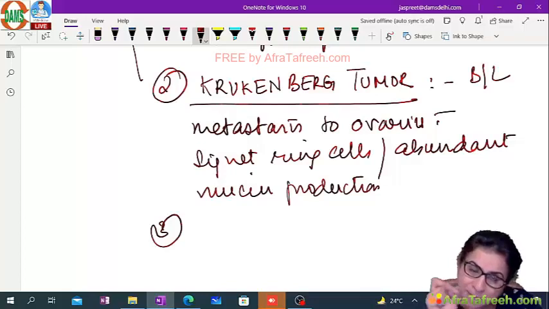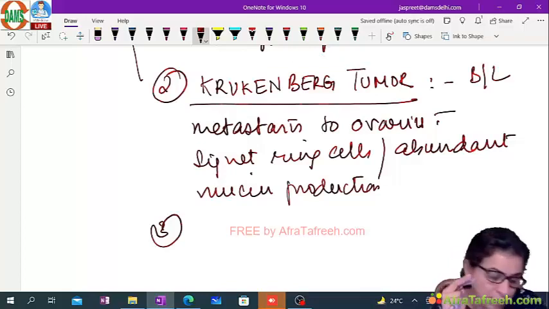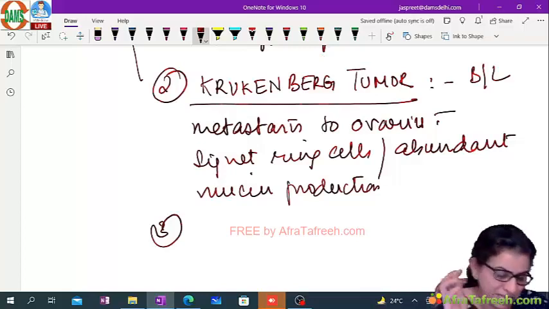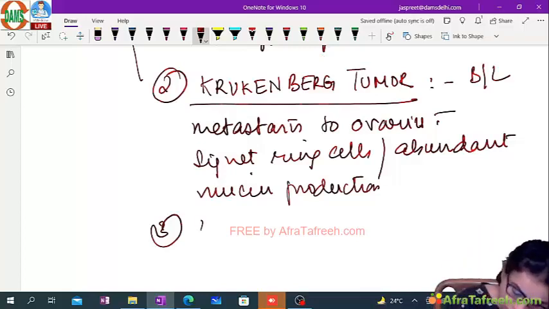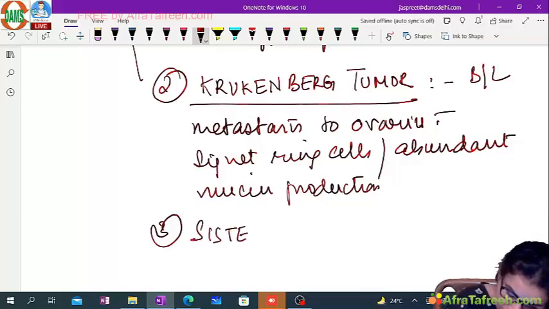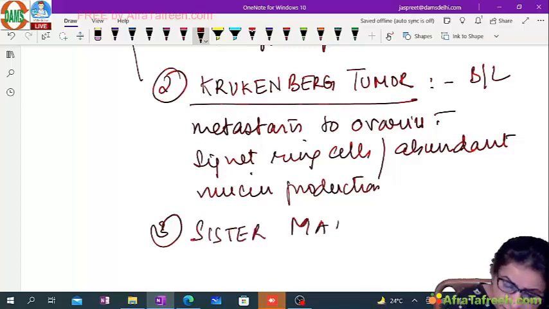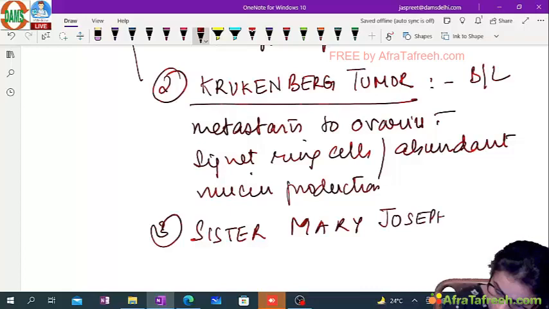Third, gastric cancer can produce metastasis around the umbilicus, in the subcutaneous tissue. Metastatic deposits can occur in the subcutaneous tissue around the umbilicus. These are called Sister Mary Joseph nodule.